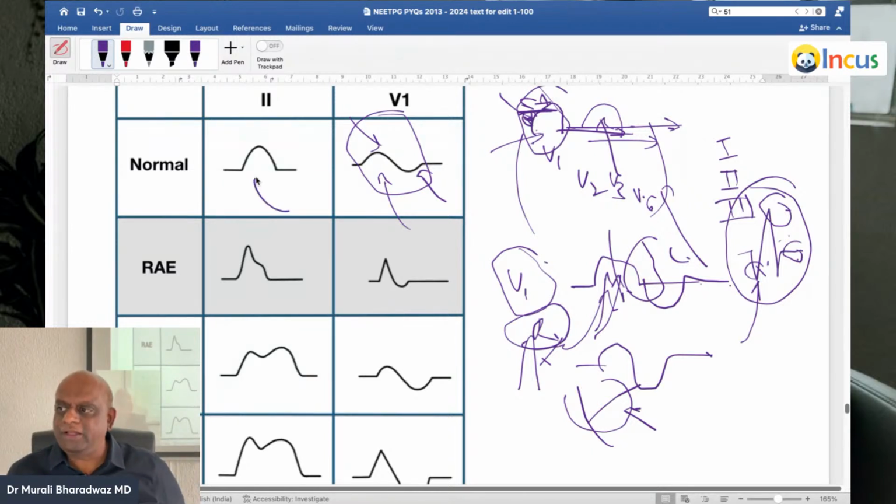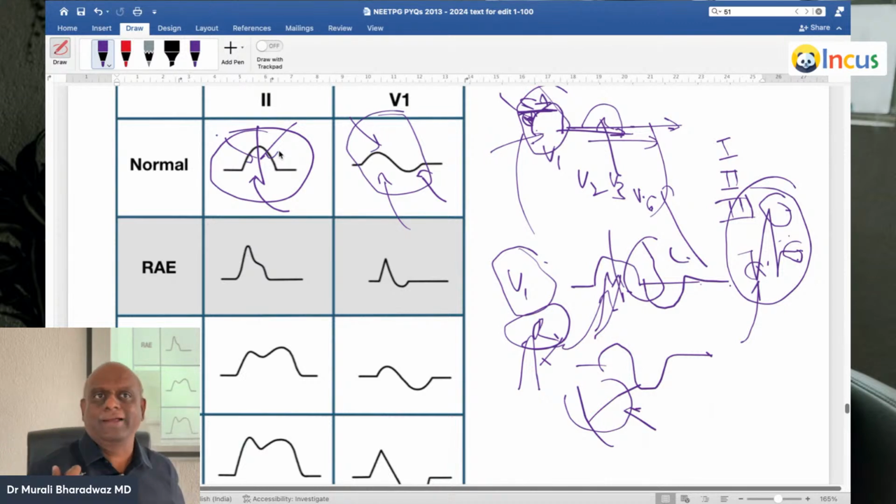So it will be represented by a single P wave. The initial part of this is right atrial, the later part is left atrial activity, whereas V1 is a purely right-sided lead. Hence, right atrial activity is represented by an initial positive wave, and the left atrial activity is leaving V1. That is the reason it will be a negativity. Clear? Very simple.